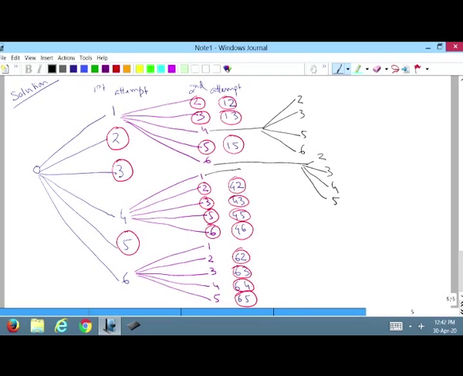From 4 1 we get 2 3 5 and 6, and from 6 1 we get 2 3 4 and 5. So, how many sample points are there?